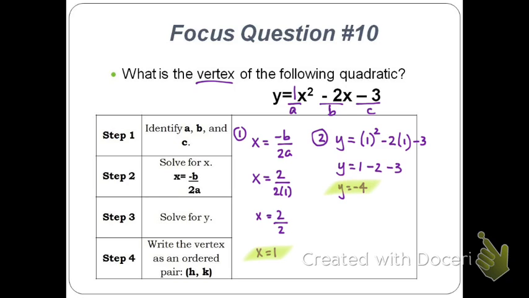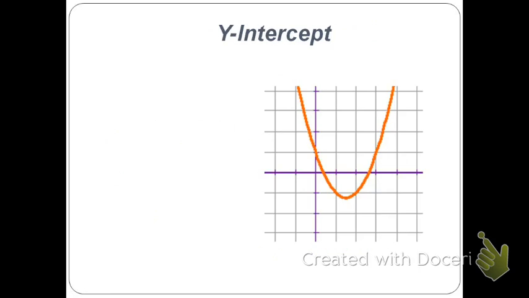So the vertex here is 1, -4. Alright, cool. 1, -4. Nice. Let's check this out.